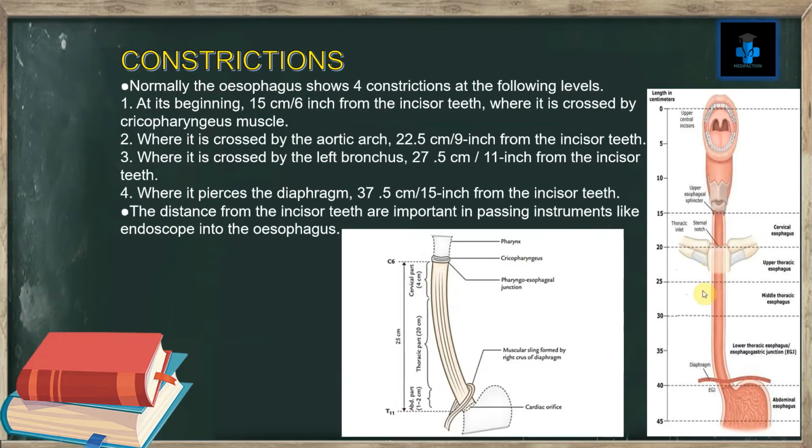The fourth and last constriction is at the level of the diaphragm, that is right here. This will be approximately 37.5 cm from the incisor teeth. The distances from the incisor teeth are important in passing instruments like an endoscope into the esophagus.